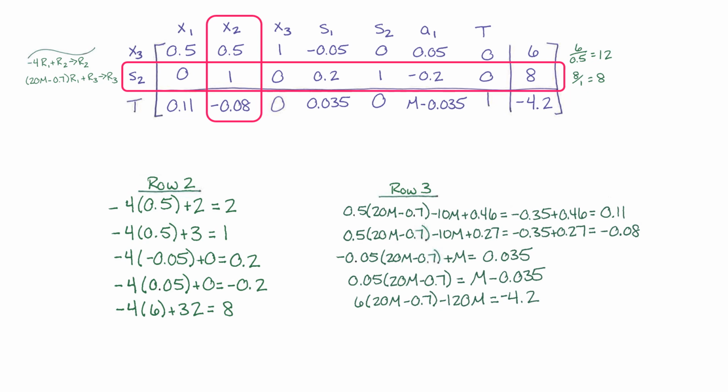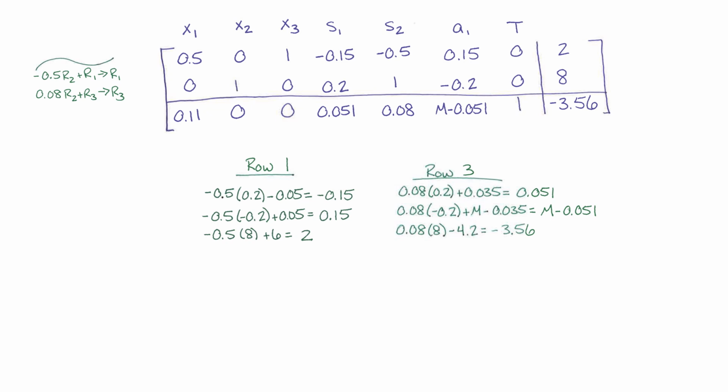Note that I already have a 1 in the pivot element position, so I just need to get zeros above and below. So I'll use the command negative 0.5 R2 plus R1 to get a new row 1, whose values will be 0.5, 0, 1, negative 0.15, negative 0.5, 0.15, 0, 2.